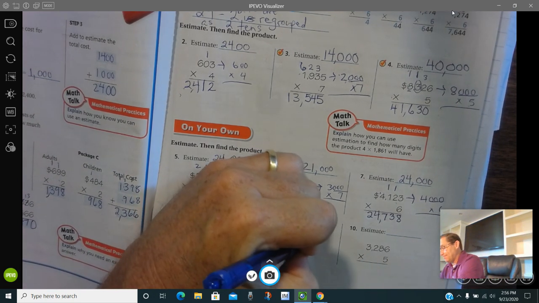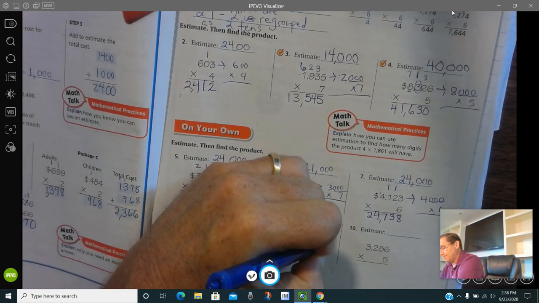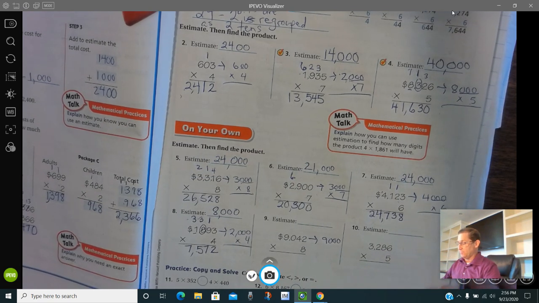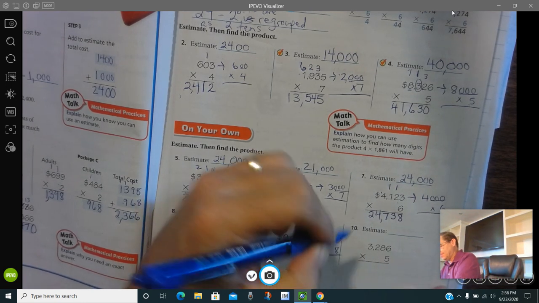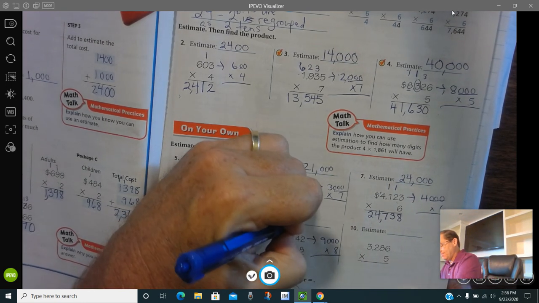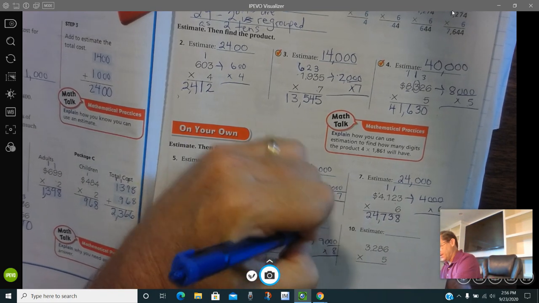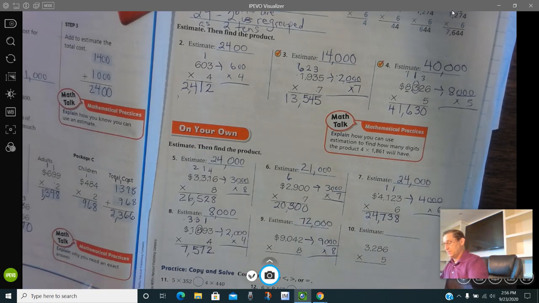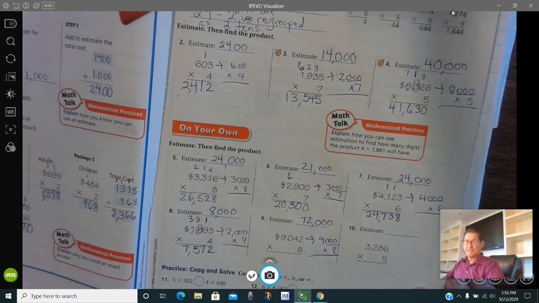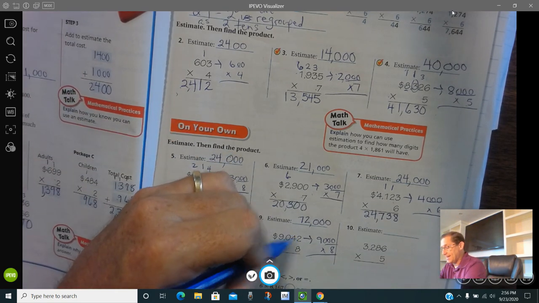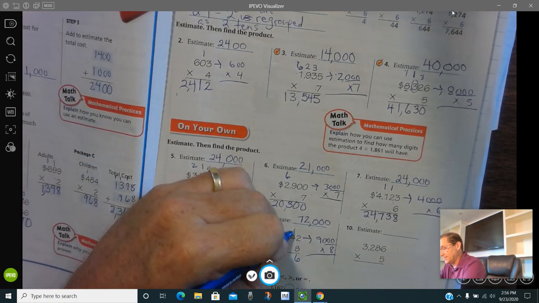Number 9, 9,042 is just barely past 9,000, so the closest 1,000 is 9,000 times 8. 9 times 8 is 72, and we're going to put 3 zeros from the 9,000. So our estimate is 72,000. Okay, our actual work, 8 times 2 ones, 16 ones.